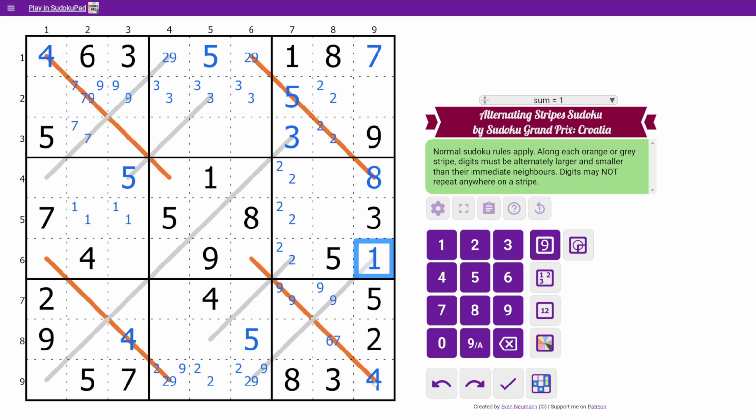Oh, maybe... I bet you this means... I'm gonna restart this. Since both of them are lower, this would have to be a... Since the 4 is higher than both these, this digit has to be lower than all these. So it has to be a 1, basically, is what I'm saying.